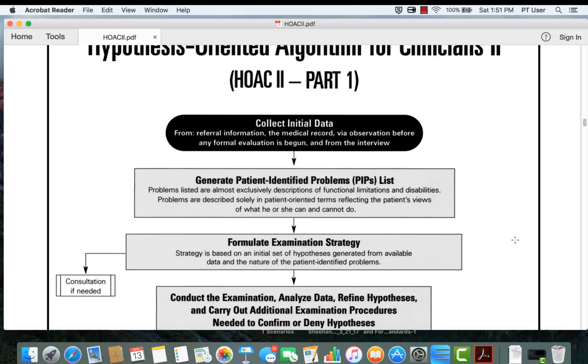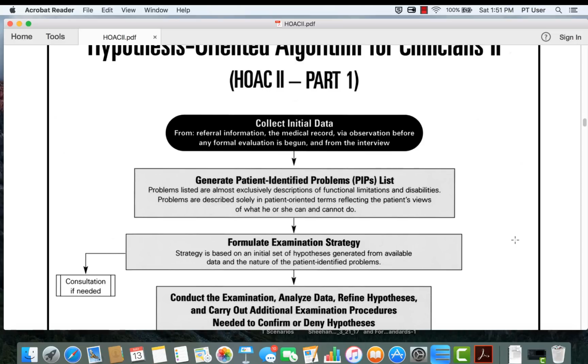So the most common example of this would be if you're the one that goes and meets the patient in a waiting room, you're actually beginning to collect initial data as they walk back with you to your treatment room, your exam room. And so that's a part of collecting initial data. And then the last part is the interview, where you begin to ask questions, trying to gather information about what is going on with that patient.